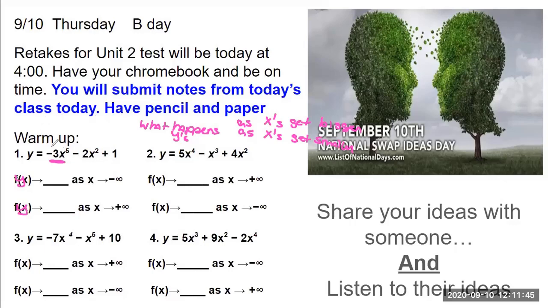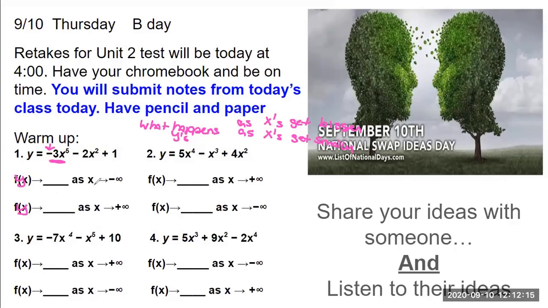So the coefficient is negative. What does that tell me about the end behavior? That's negative. What's negative? Going down. When it's positive, what's positive? Infinity. I want you to think about this.